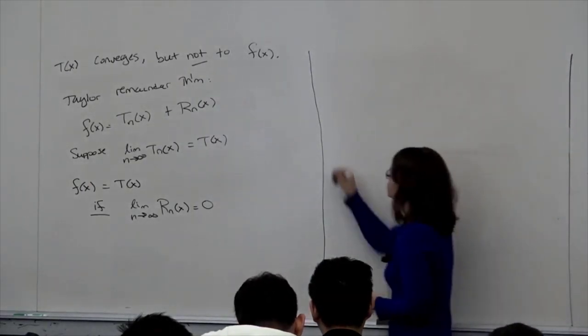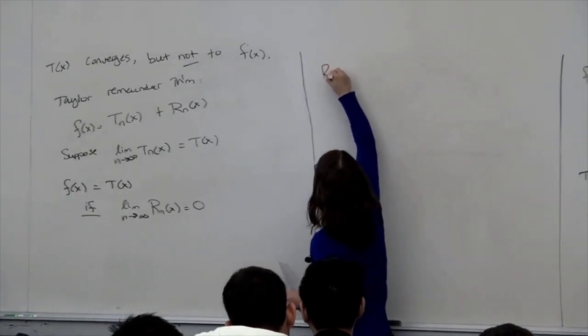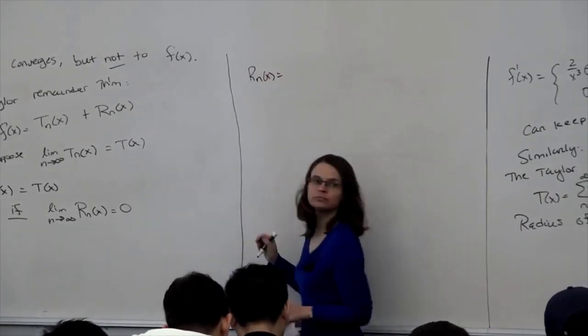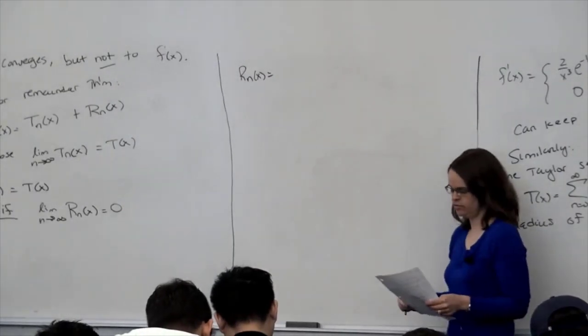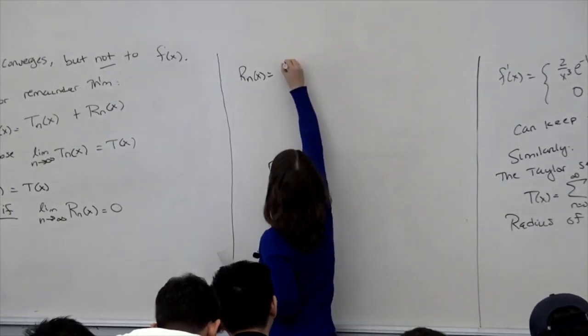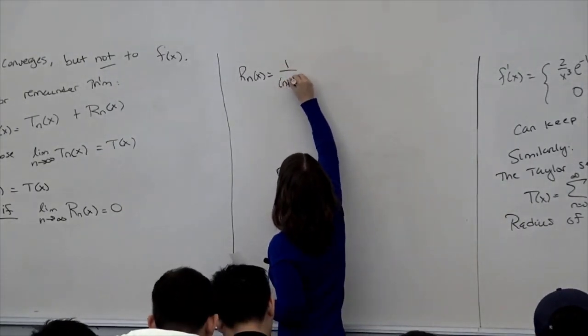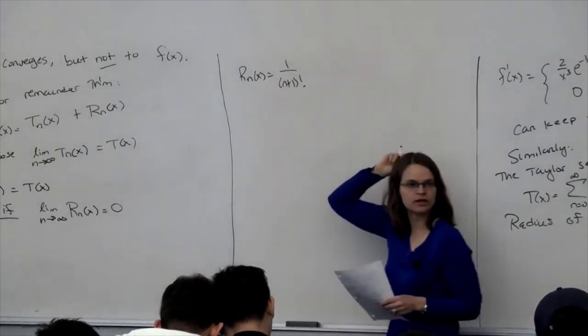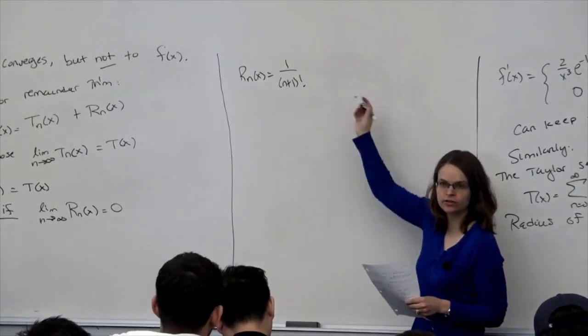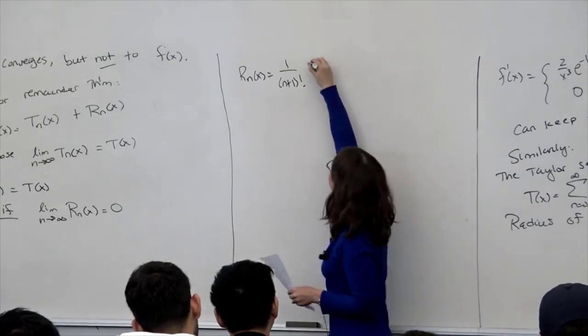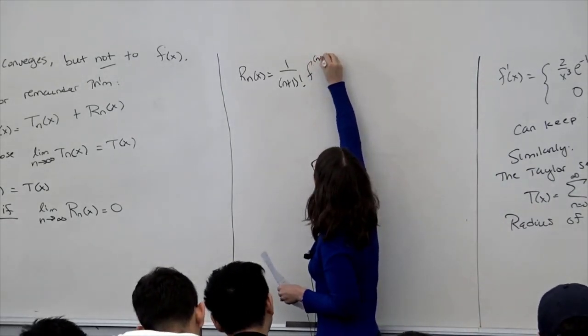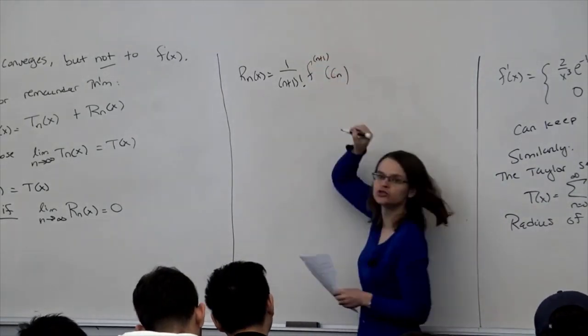Okay, so what was the remainder term? Let's remember. The remainder term looks kind of like the next term in the Taylor series. So it had a 1 over n plus 1 factorial, which as n goes to infinity certainly goes to 0. But then it had this derivative evaluated somewhere, we're not sure where.